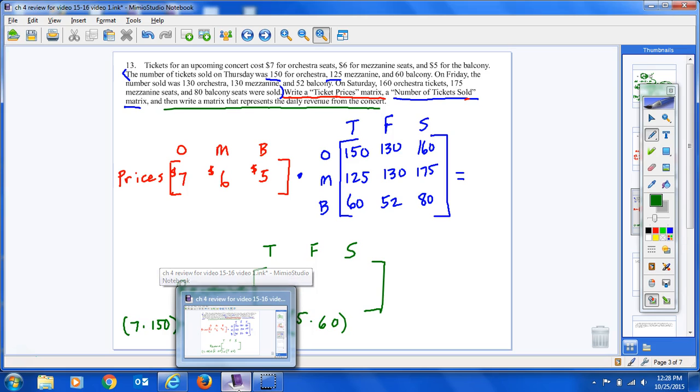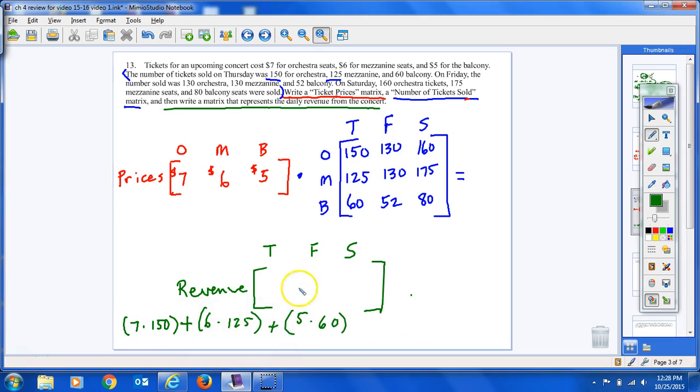Okay, add those products up, and you should end up with Thursday revenue of $2,100. You should put a dollar sign there. Okay, so that's Thursday, and hopefully you get the idea for the rest.